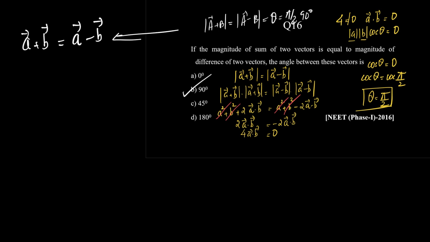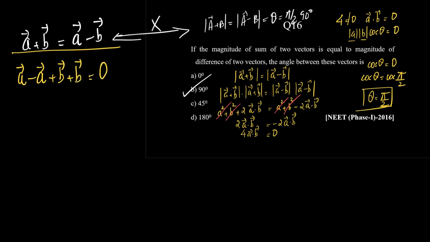No. These two are not the same. I'll tell you why. What does this imply? This implies that vector a minus vector a plus vector b plus vector b is equal to 0, and vector a minus vector a is 0, which means 2 times vector b is equal to 0.